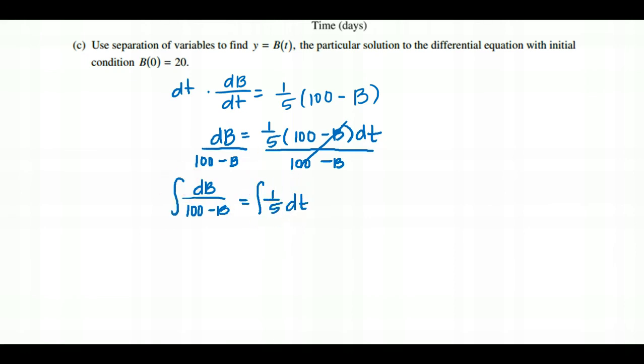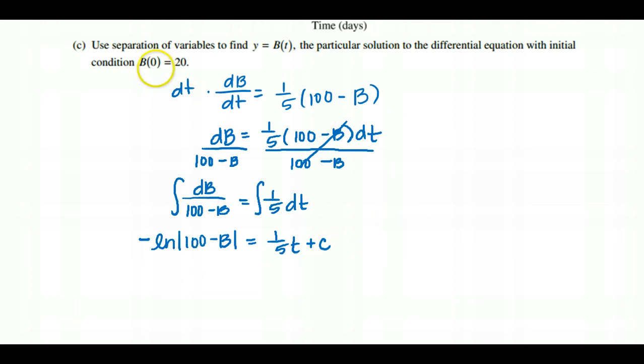I can integrate each of these sides. The left side is going to be some form of the natural log, but this negative in front of the b is going to give me negative the natural log of 100 minus b equals, the antiderivative of 1/5 dt is just 1/5 t plus c. So now I need to go ahead and try to use the initial condition.